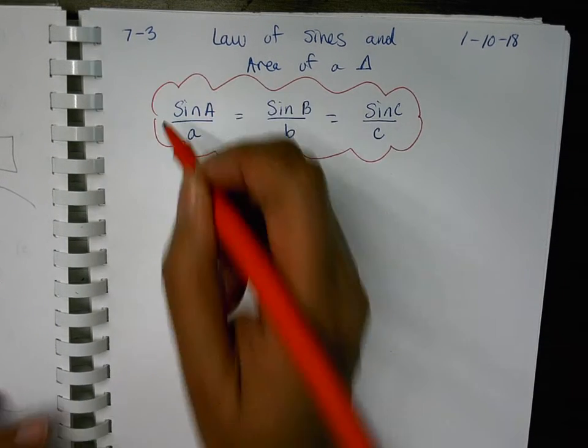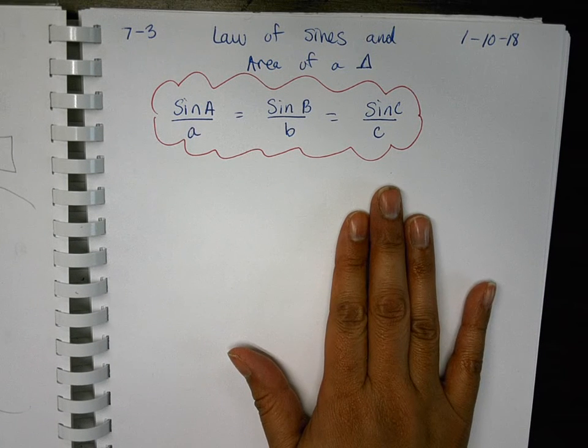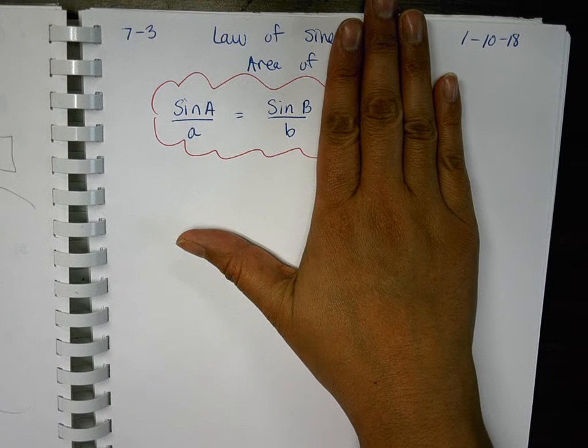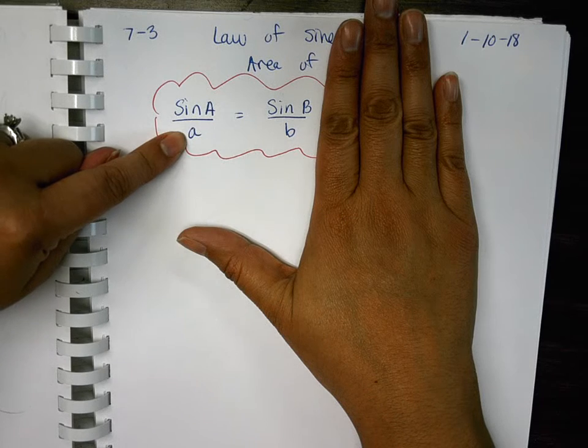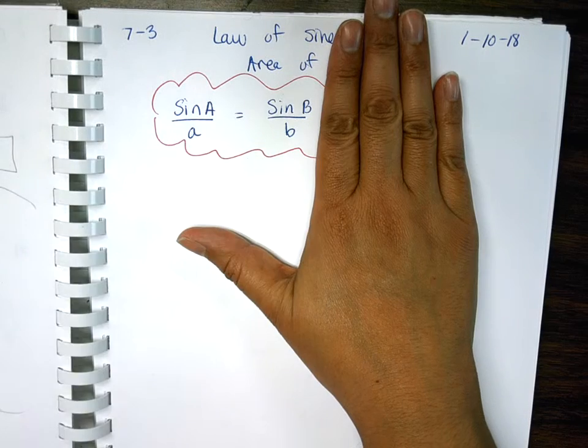All right, so sine of an angle. Now you're not going to use all three at one time. I just don't want to write all the different possibilities. Sine of one angle over its opposite side will always equal sine of a different angle over its opposite side.